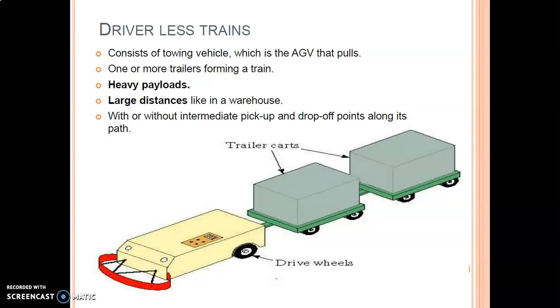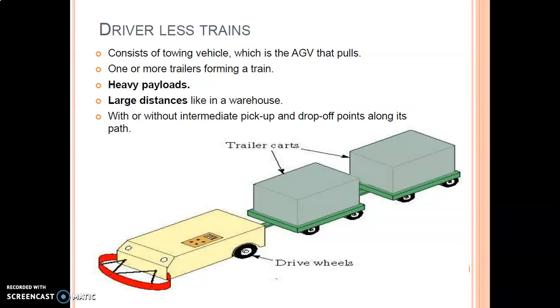So you can see here it is called a driverless train. In a train we also have the same things. The first one is the engine. Now the engine will pull all the coaches which are connected with the main engine.